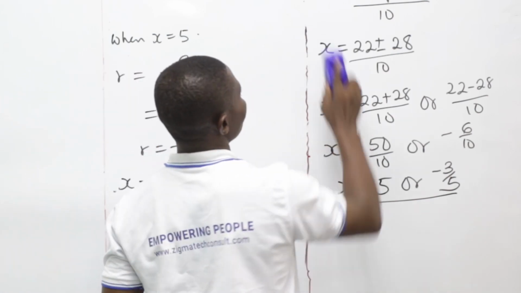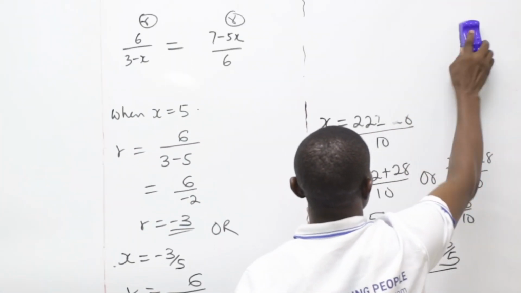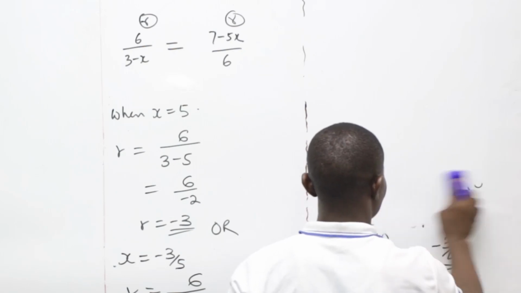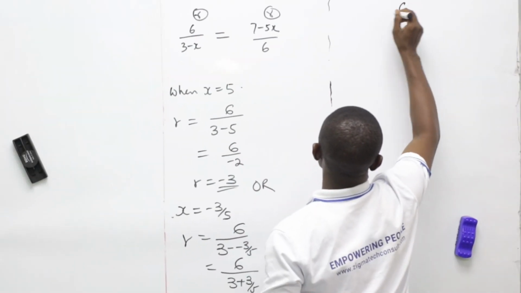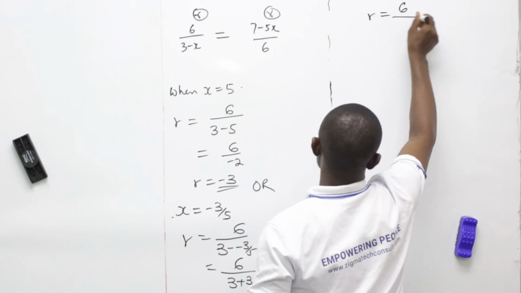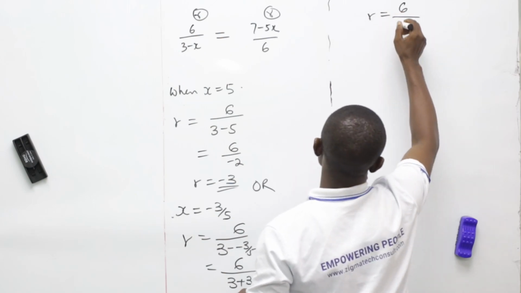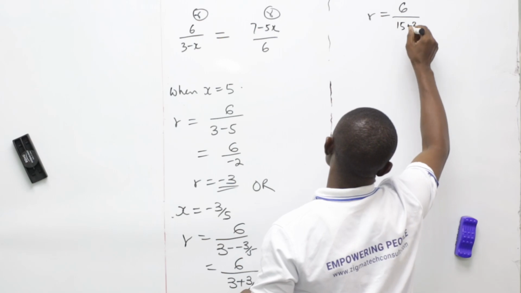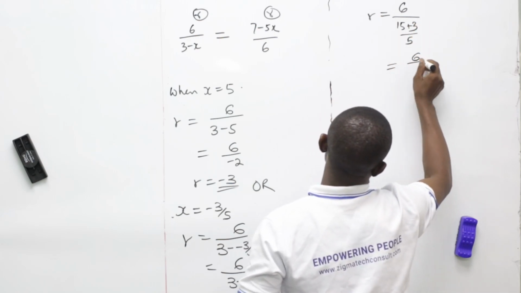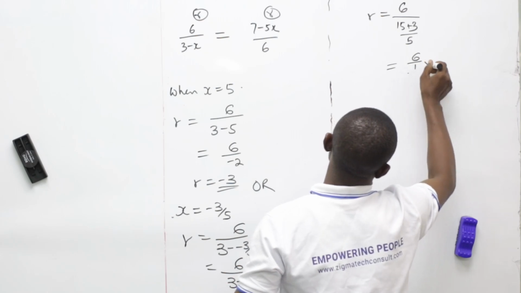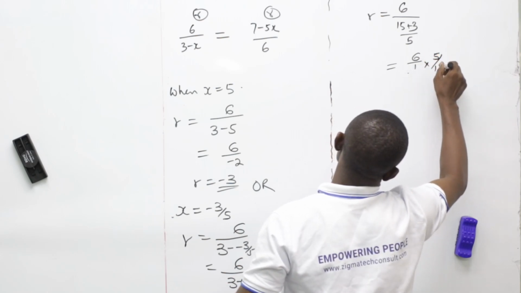Let's finish it here. 6 over 15 plus 3 over 5 gives us 6 over 18 over 5, which is 6 times 5 all over 18.